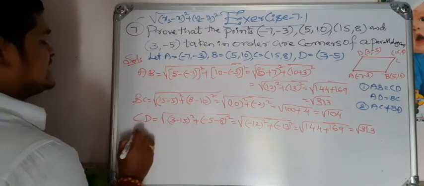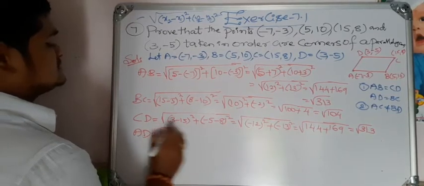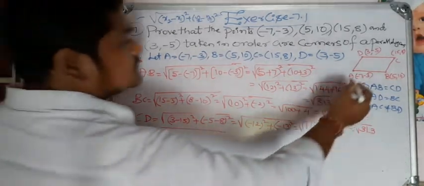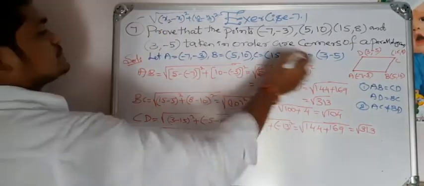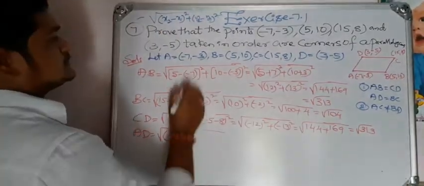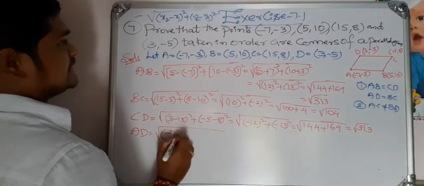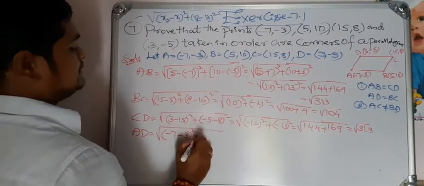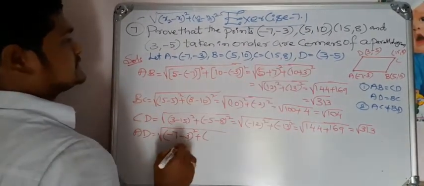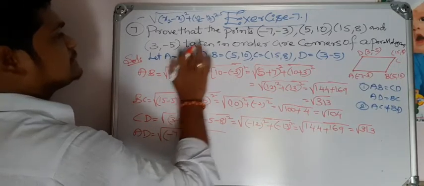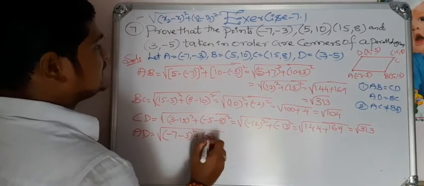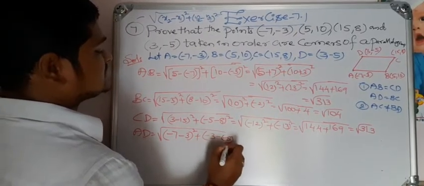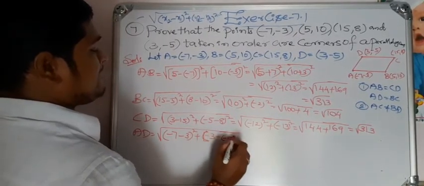Next, find AD. See here, I am finding side AB, next BC, CD, then AD. Find AD: first point, last point. So (minus 7 minus 3) whole square plus (y2 minus y1), that is (minus 3 minus of minus 5) whole square.